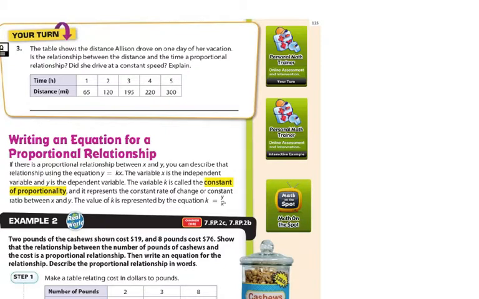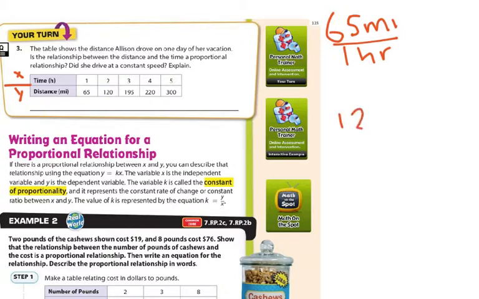Explain. Okay, so if I make a ratio of this, remember this is my x and this is my y, but remember I said that we are putting the y over the x in these situations. So if I have 65 miles per hour, 1 hour, I want to see if everything else is related to it, okay?